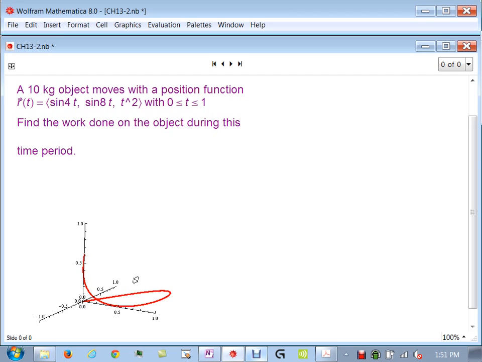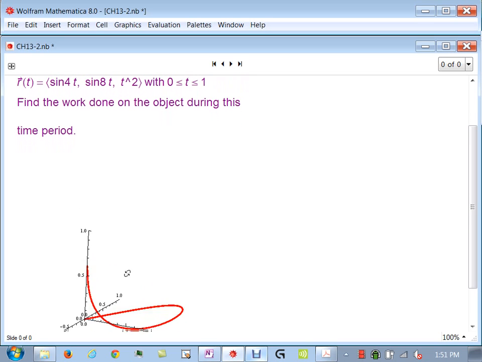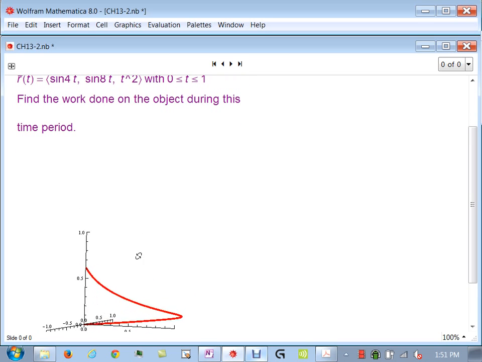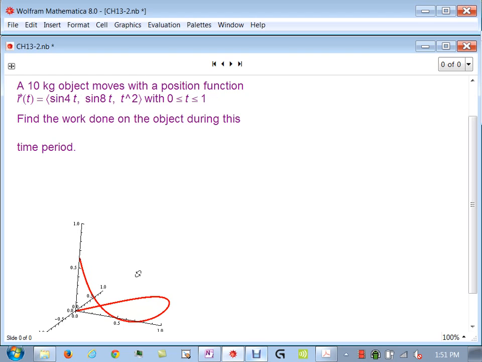We're acting like there is no force field of gravitation on this. So you just have an object moving in the universe. What's the work done if it has to move over this path? It's kind of a weird question.